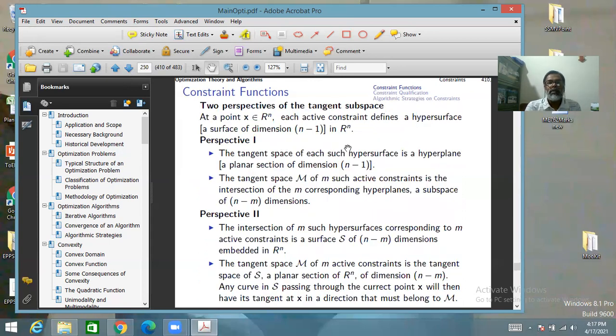So now the tangent space or the tangent subspace can be looked at in two different ways. Say at a point X in an n-dimensional Euclidean space, the solution space, each active constraint will define a hypersurface, as we have discussed. So that is actually a surface of dimension n minus 1.